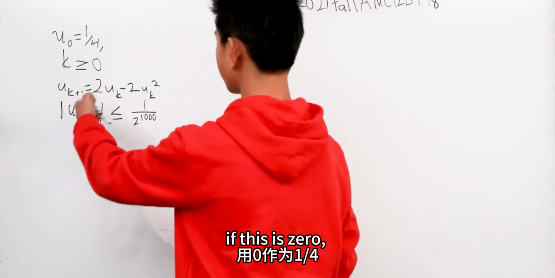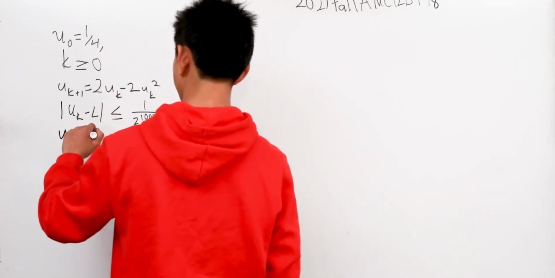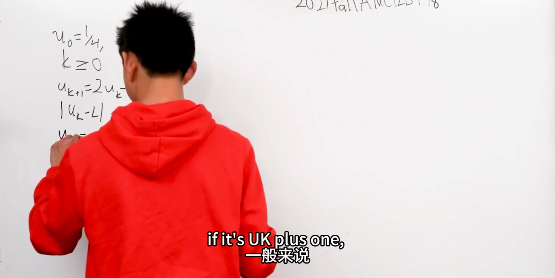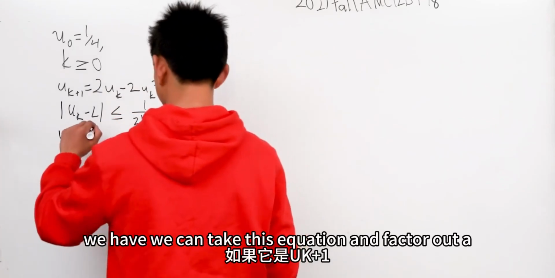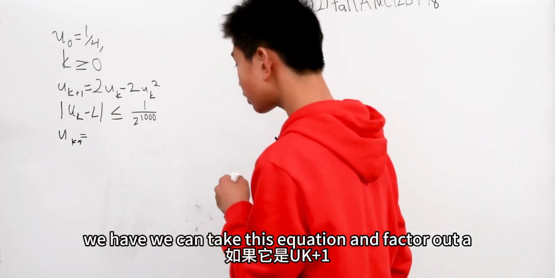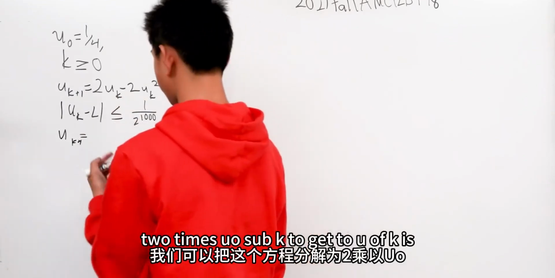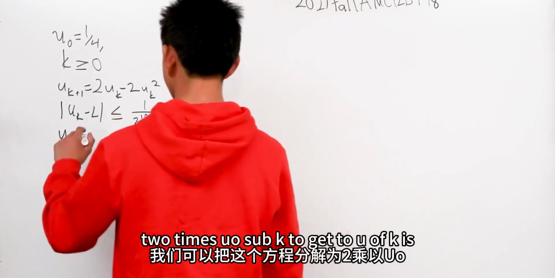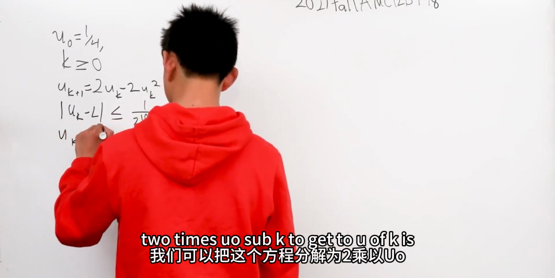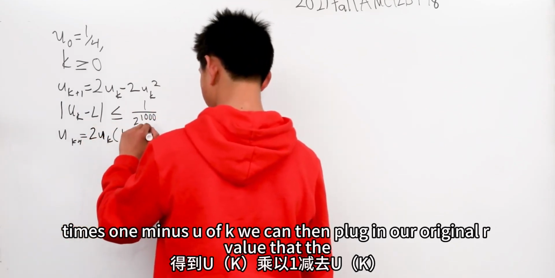In general, for u_k plus 1, we can take this equation and factor out a 2 times u sub k to get 2u of k times 1 minus u of k.